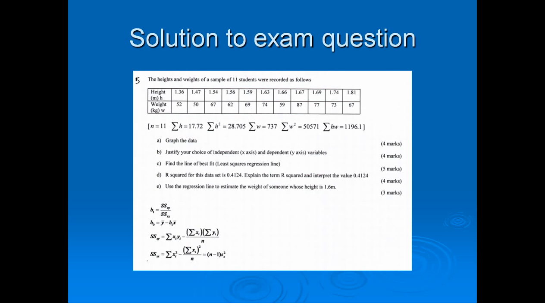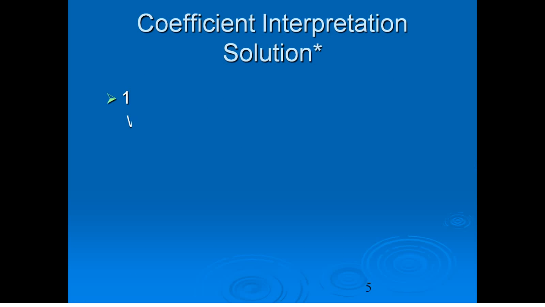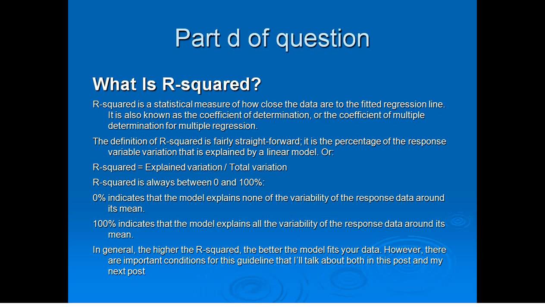Next bit is r squared. Explain r squared. I think the last paragraph says it better. The higher the r squared, the better the model. So if r squared was 1, the points would lie on the line completely.